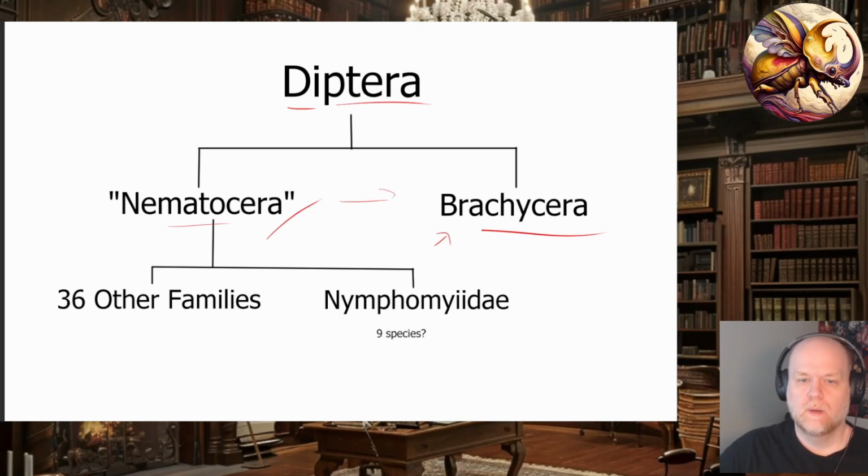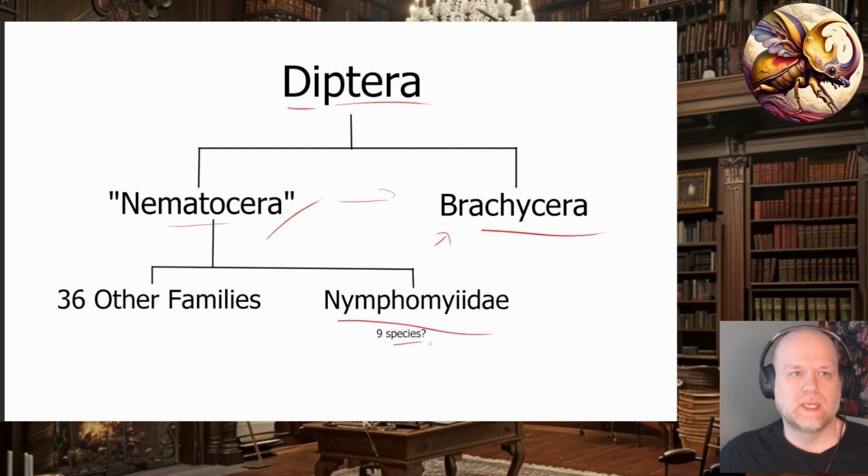The family that we're most interested in today is the Nymphomyiidae. There's about 9 species globally and only 2 species in North America. In North America, these are limited to the eastern parts, specifically New England and the far eastern part of Canada. There's a few found in the Appalachian Mountains, but that's it.